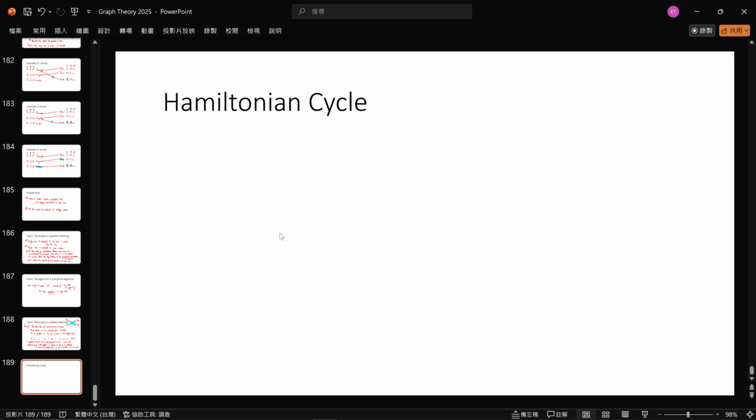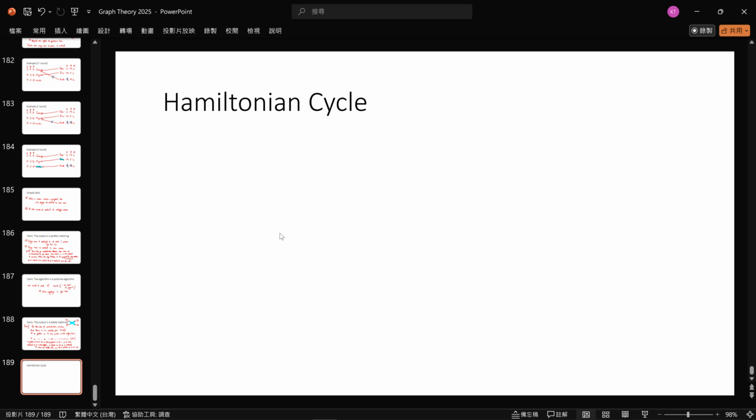First of all, what is a Hamiltonian cycle? Given a graph, a Hamiltonian cycle is a cycle that contains all the vertices in the graph. And the cycle can only use edges in the graph.